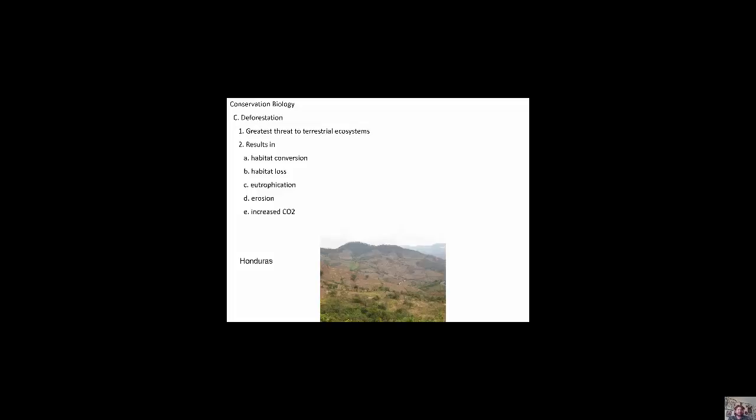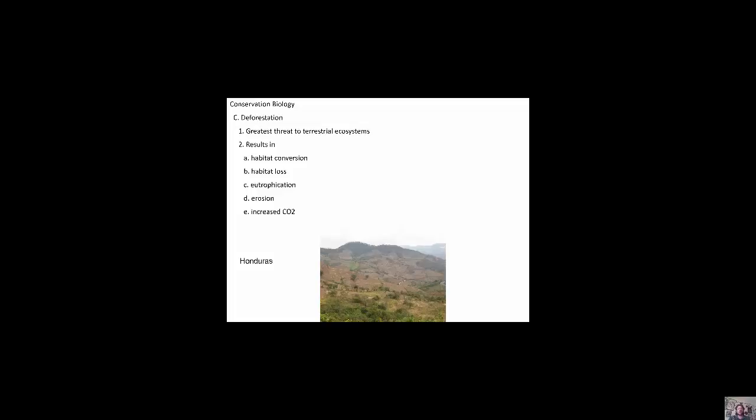Basically, what happens is that when you knock down all the trees, when you deforest an area, you remove the trees and you disrupt the water cycle. Remember from the end of the previous lecture, I talked about how up to 90% of the water that falls in a tropical forest is transpired back into the atmosphere so that these tropical forests create their own rain. Well, when you knock down those forests, that transpiration is not occurring anymore.